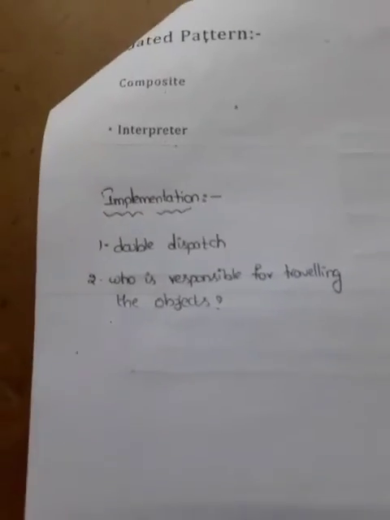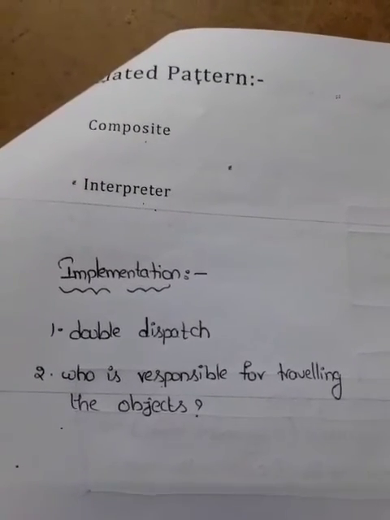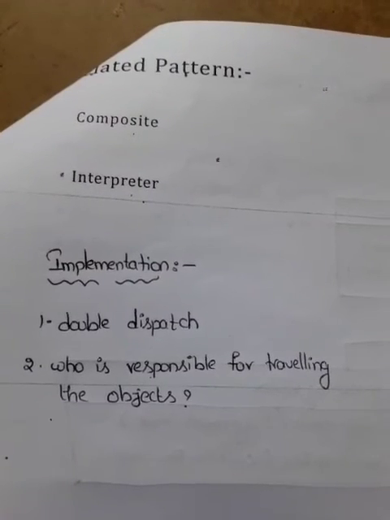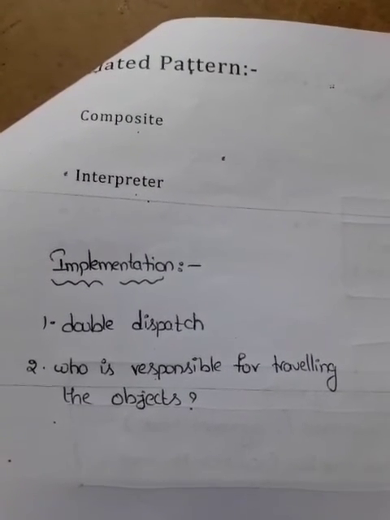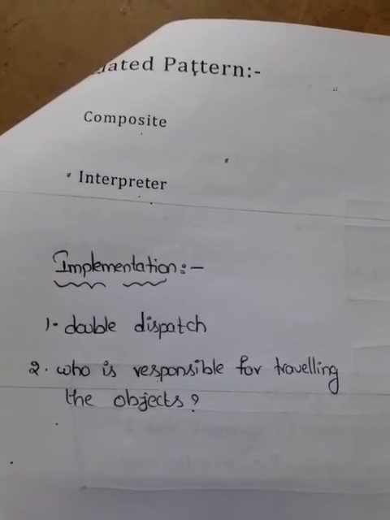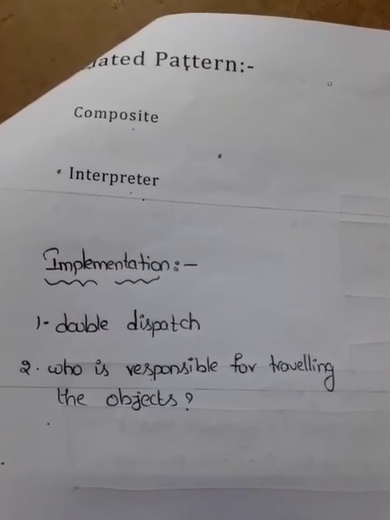And our next template is related patterns. Coming to related patterns, composite and interpreter become related patterns to this visitor pattern, because a visitor can be used to apply an operation over an object structure defined by the composite pattern. Based on that, we say that the composite pattern is a related pattern to the visitor pattern.